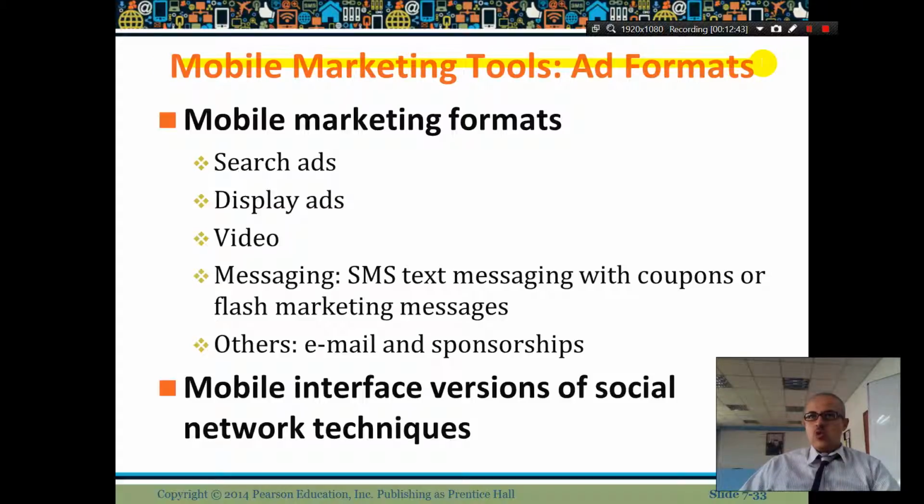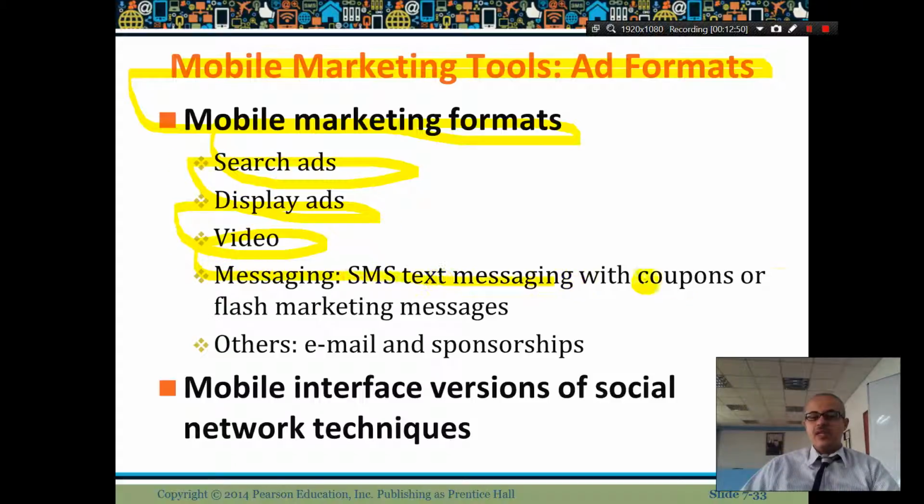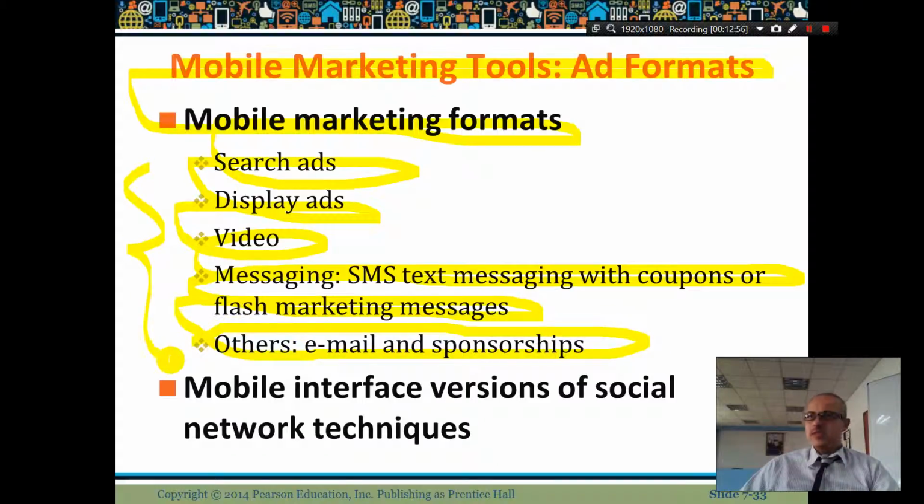Mobile marketing tools and ad formats: search ads, display ads, videos, messaging, SMS, coupons, flash marketing messages, email and sponsorships. Are you okay with these? You understand all of these concepts and terms? Mobile interface, versions of social network techniques.